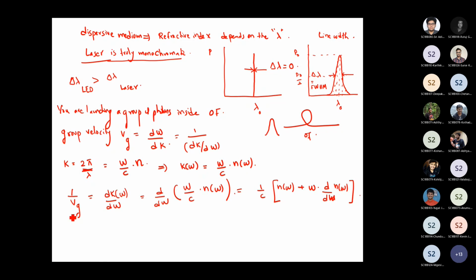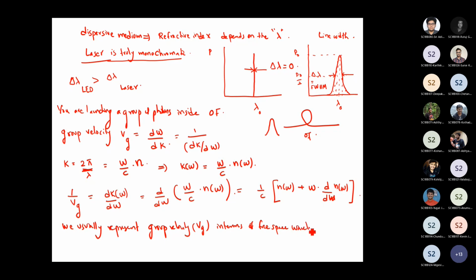Usually when we talk about group velocity, we represent it in terms of the free space wavelength lambda naught, which is the center wavelength.